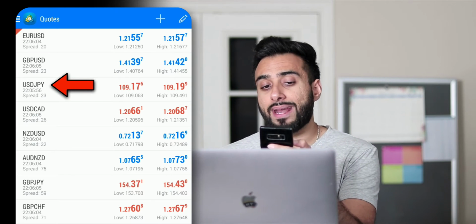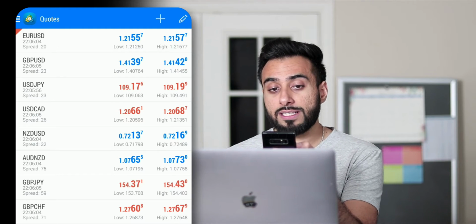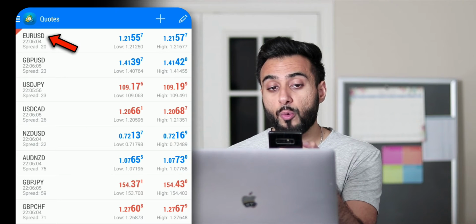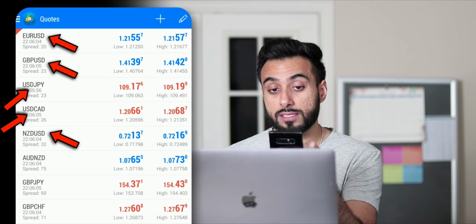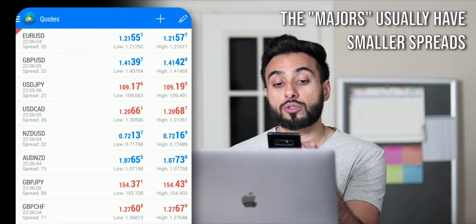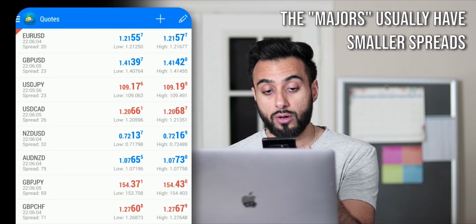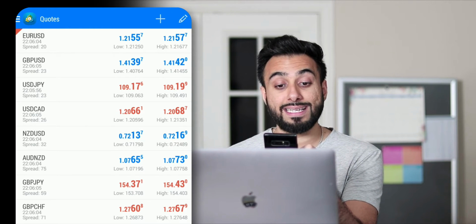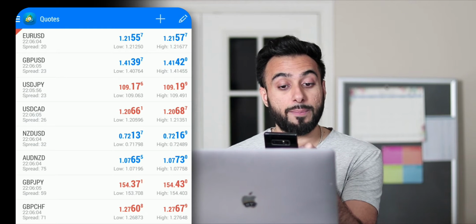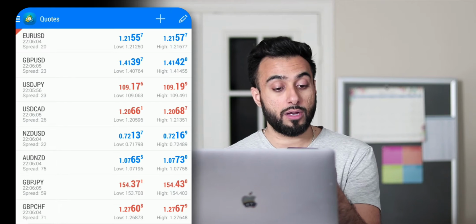And one thing you might have noticed by looking at this page, and this is pretty important, is that currency pairs that include the US dollar usually have a smaller spread than currencies that do not include the US dollar. Looking at NZD USD, that currency pair has a spread of 3.2 pips. However, the last three, notice these don't have USD in them.